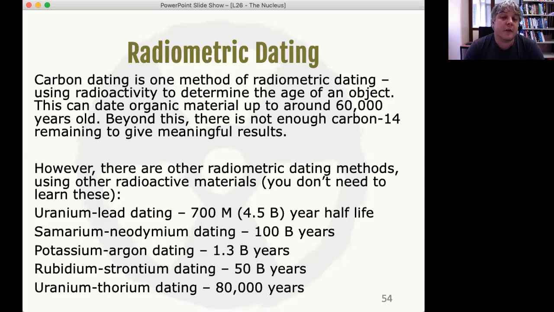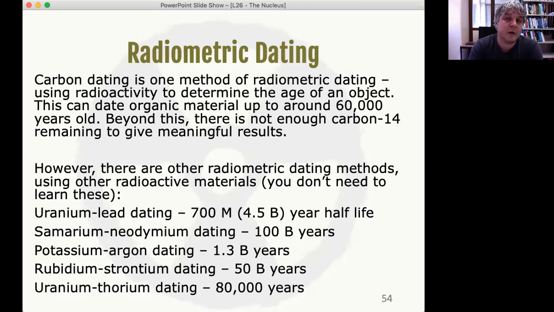Okay. So it's only working for organic material, and only up to around about 60,000 years old, because beyond that there is not enough carbon-14 left to give us meaningful results, to give us any kind of actual usable data.